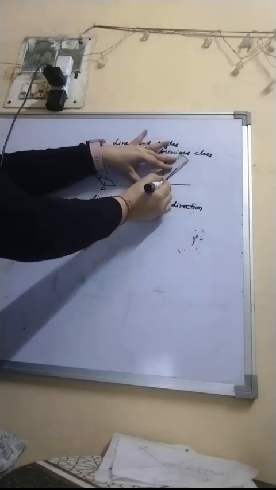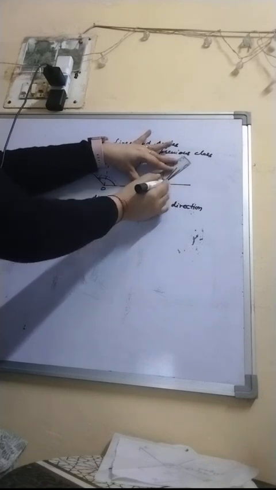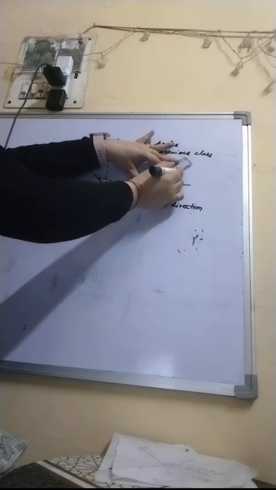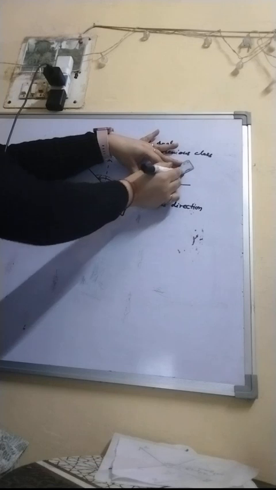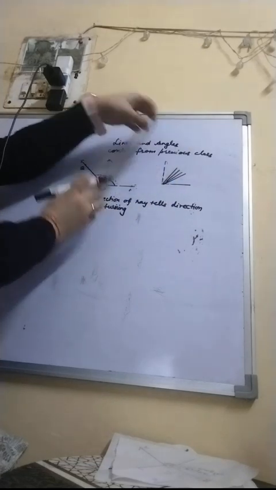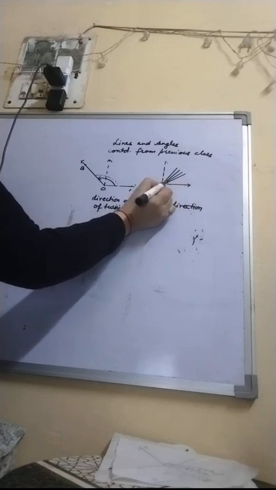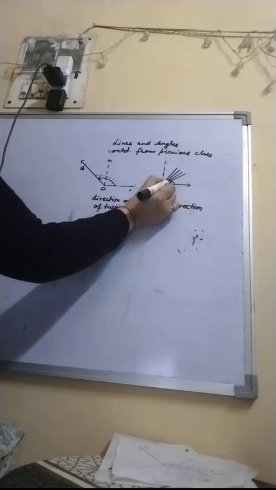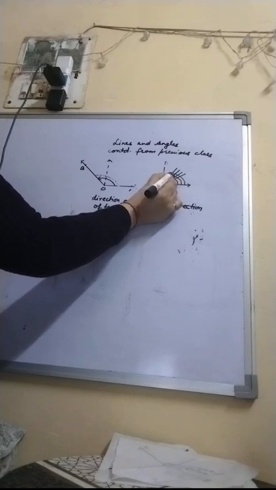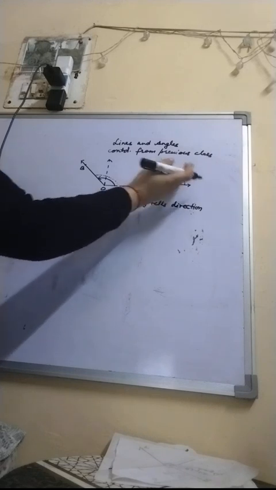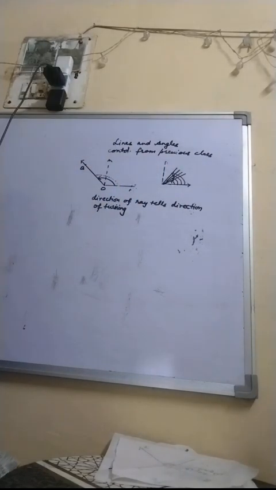All the angles that are drawn to the right side, all these angles are considered to be acute angles. Turning would be starting from this ray and it would go like this, like this, like this or like this. But none of the angles crossed 90 degrees.